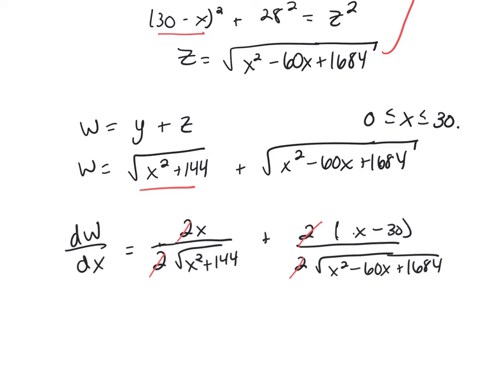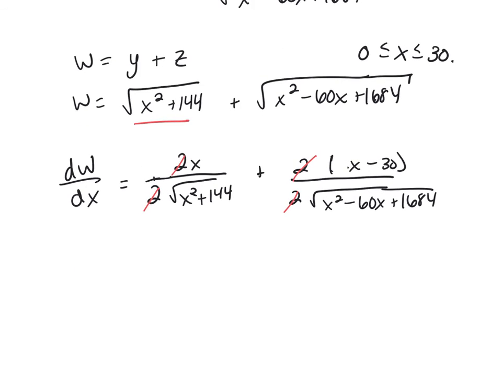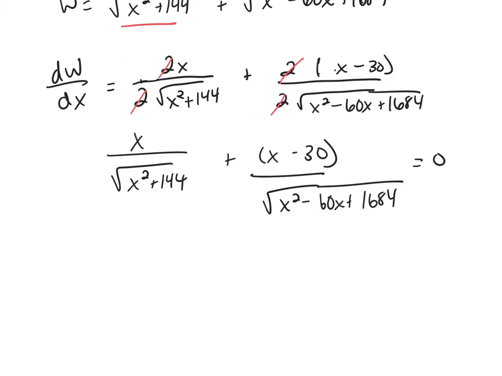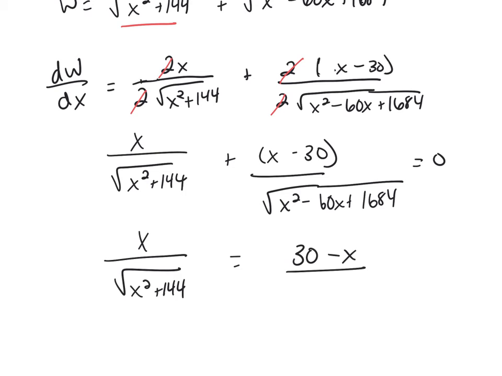Okay. And so now I want to set that equal to 0: x over this square root plus x minus 30 over this square root, set equal to 0. And if I move one of the terms to the other side, I'll get a negative, so then it'll be 30 minus x.